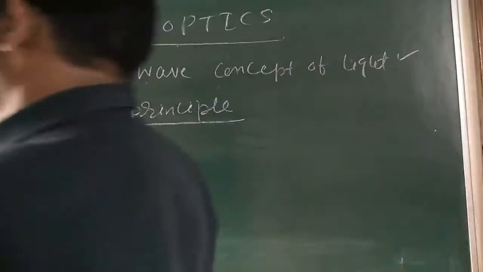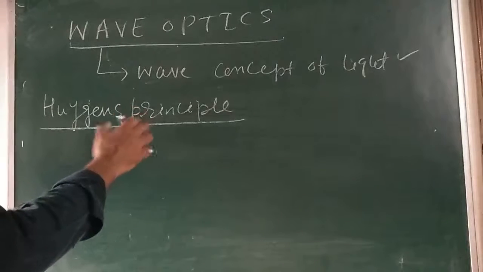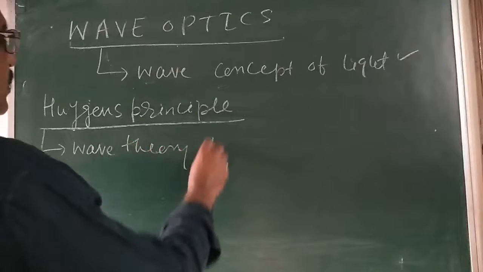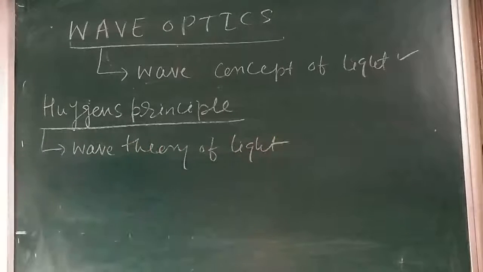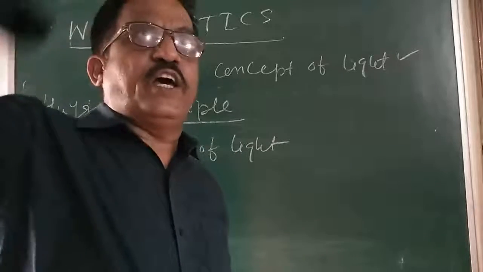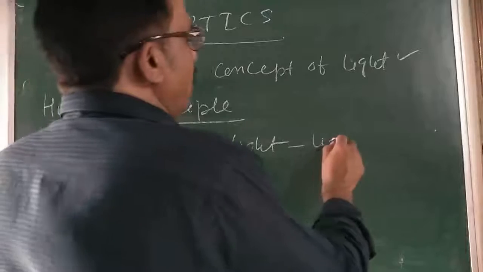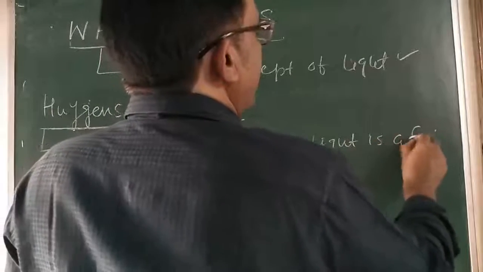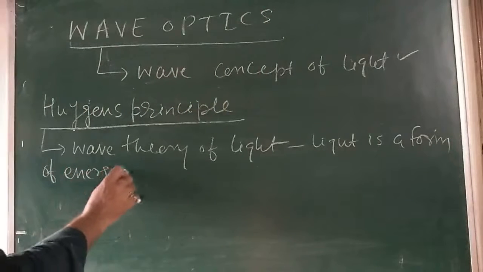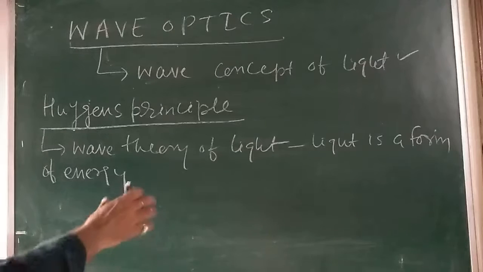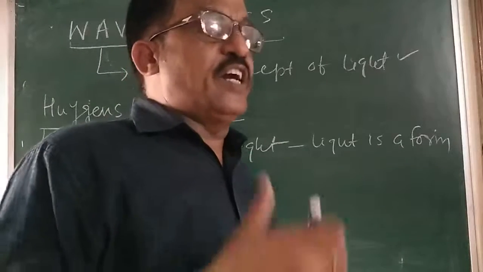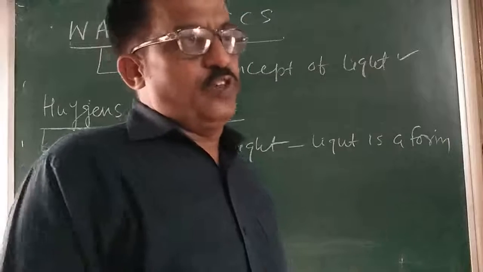Now, according to Huygens, or according to the wave theory of light, light is a form of energy which travels through a medium as a transverse wave, that we have seen earlier.